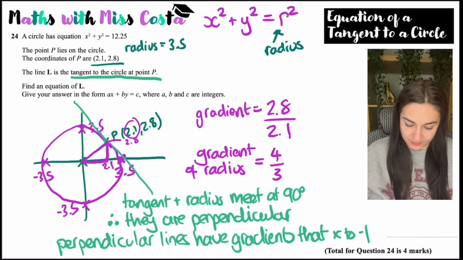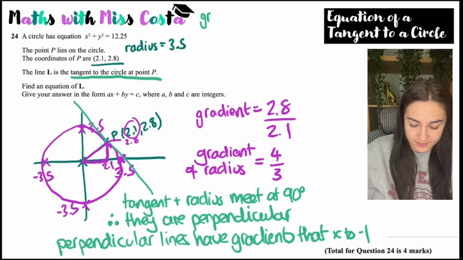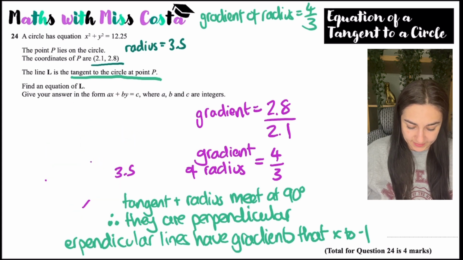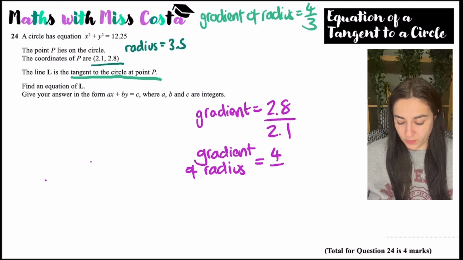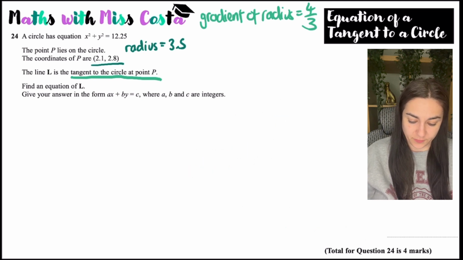I know that the gradient of the radius is 4/3. And I know that perpendicular lines have gradients that multiply to make -1, or whose gradients are negative reciprocals of one another.